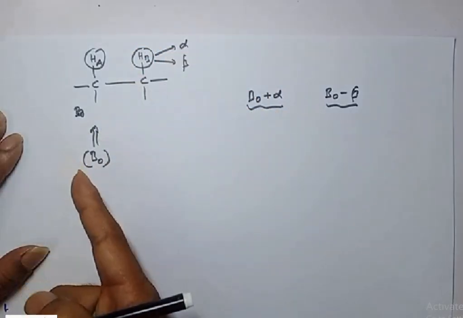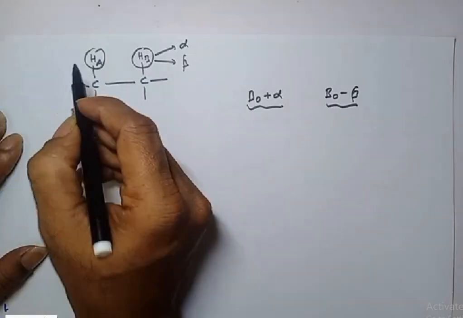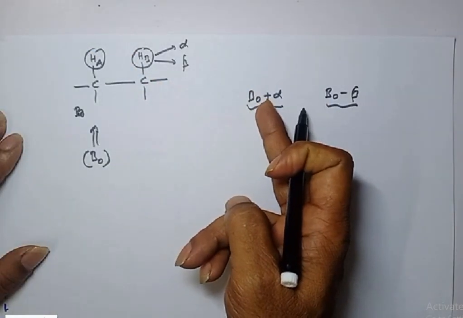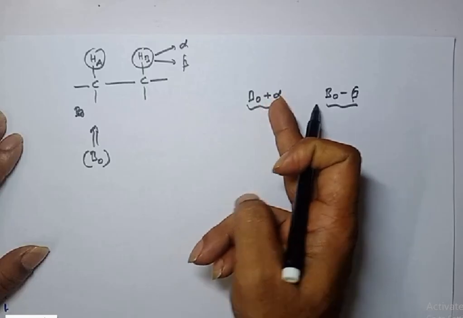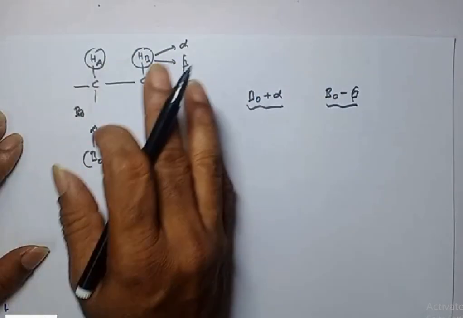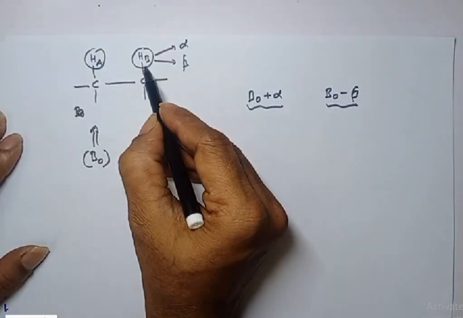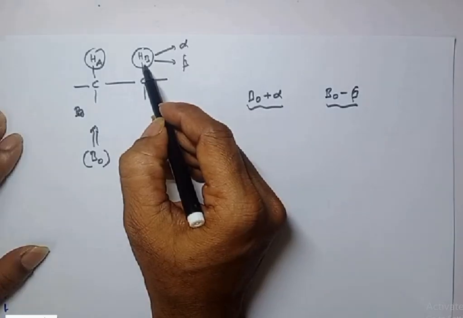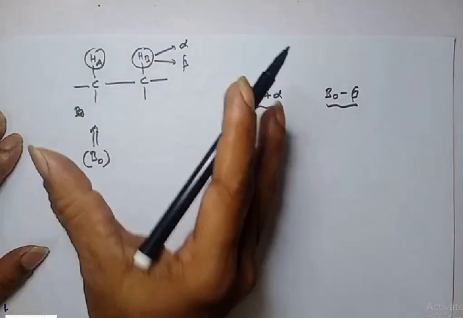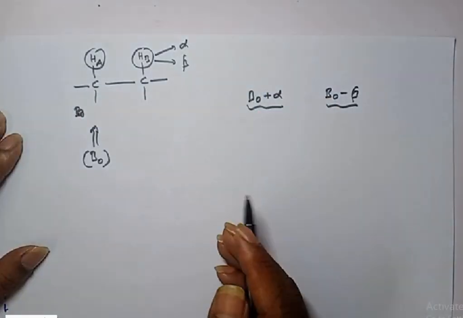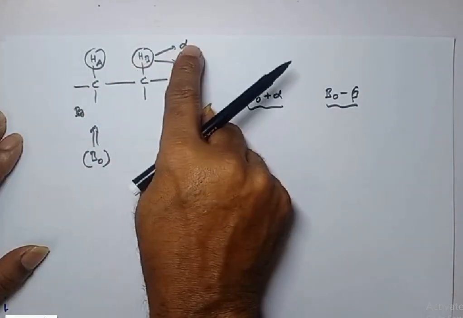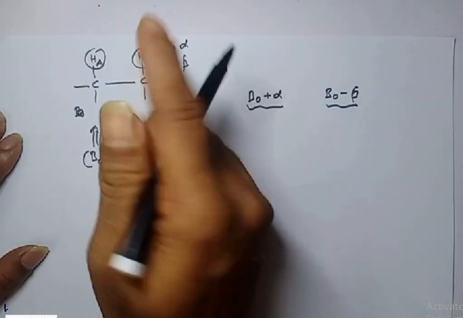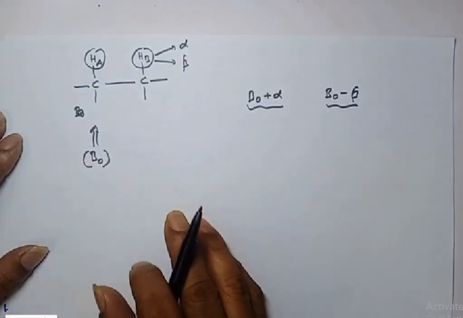The alpha state is reinforced with the magnetic field, therefore the HA proton feels the additional magnetic field B0 plus alpha. In one molecule this proton may have alpha spin, in another molecule it may have beta spin. Suppose I have 100 molecules, there is a 50-50 possibility. In 50 molecules the HB protons are in the alpha spin state, and in the other 50 molecules the HB protons are in the beta spin state. Their probability is equal.